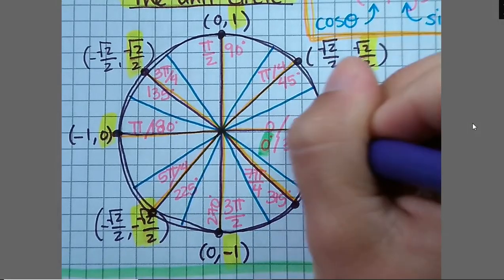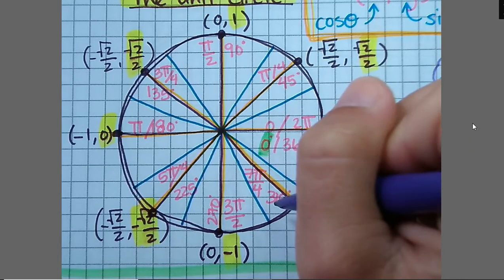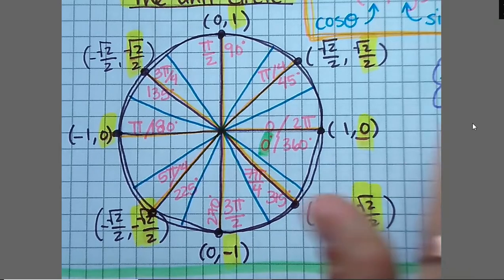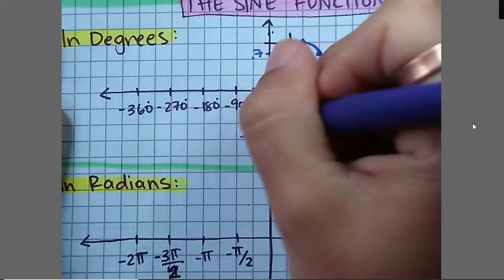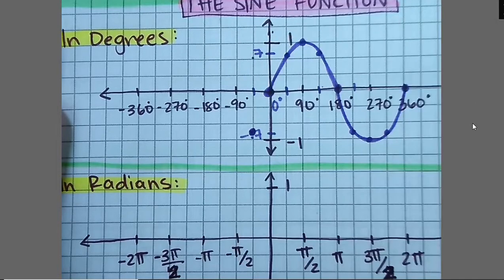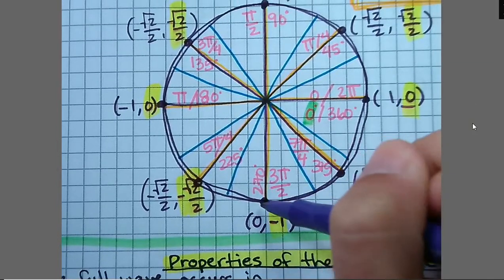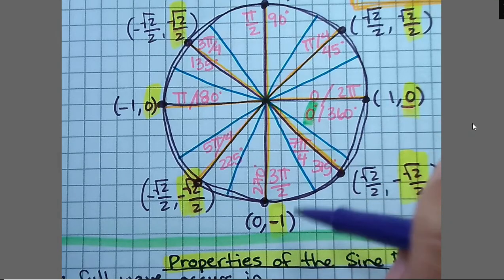Starting at 0, this is our 0 degrees. Negative 45 degrees would be right here, and at negative 45 degrees, we're going to be at negative 0.7. Then at negative 90, coming this way, we're going to be at negative 1.